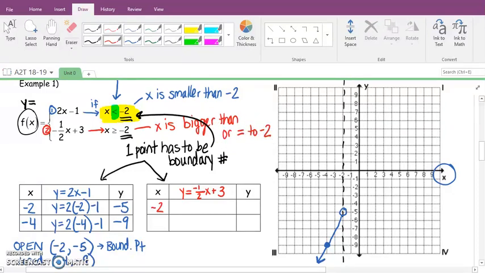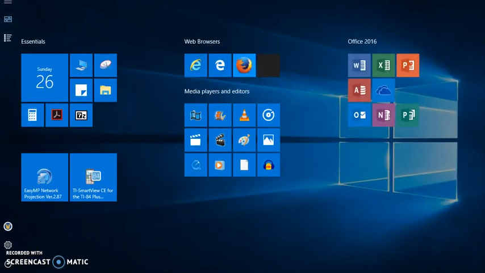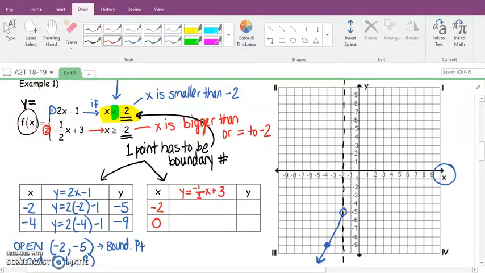So when I choose my x value, I need to be conscious of that, and I need to make sure I pick my second x value that's bigger than it. One number that's always a nice one to pick is 0. So if 0 ever applies, I would try that one because it's an easy one to plug in. And here 0 is bigger than negative 2.